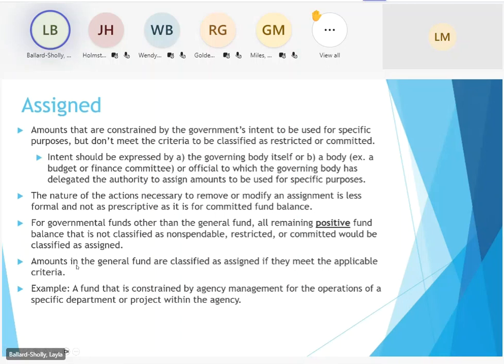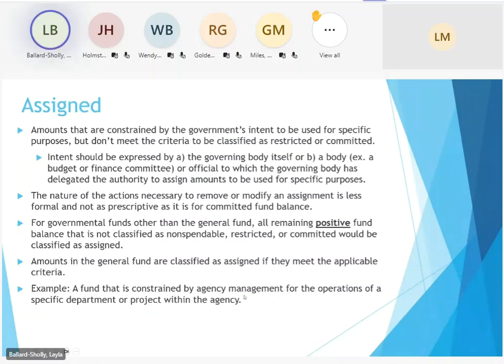Amounts in the general fund are classified as assigned if they meet the criteria above, the government's intent and all of that. An example of assigned would be a fund that is constrained by agency management for the operations of a specific department or project within the agency.